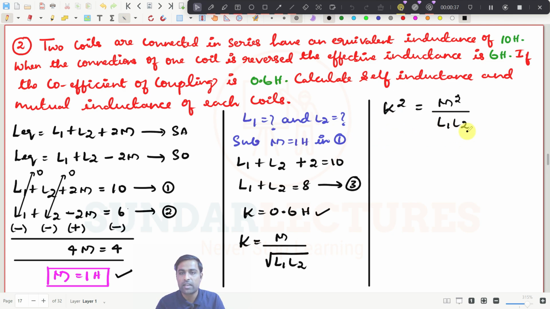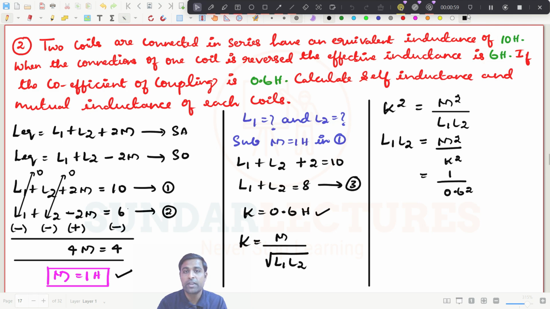If I move this to the other side, L1 into L2 is equal to M squared divided by K squared, and if I further simplify this, it is 1 divided by 0.6 squared, right? So I will get L1 L2 equal to 2.77.